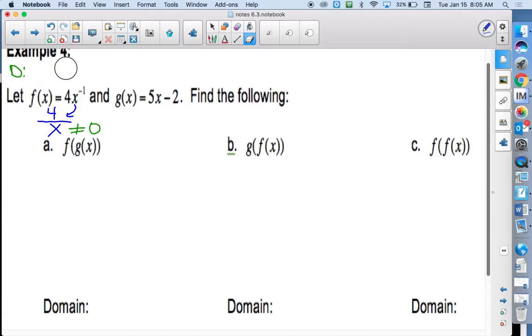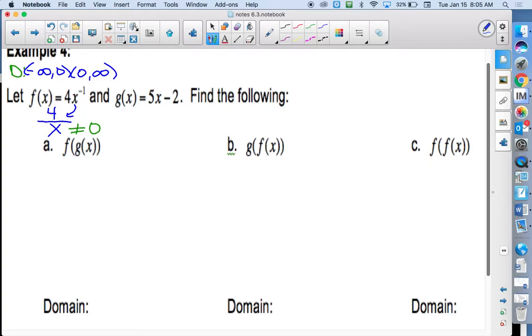So it would be negative infinity to 0 and 0 to infinity. It can't be 0, but it has to be every other number. So it goes from negative infinity to 0, not allowed to be 0, so it has to hop over it and go from 0 to infinity.